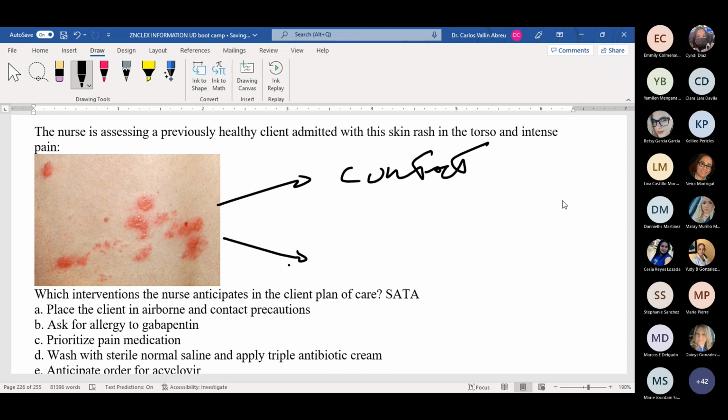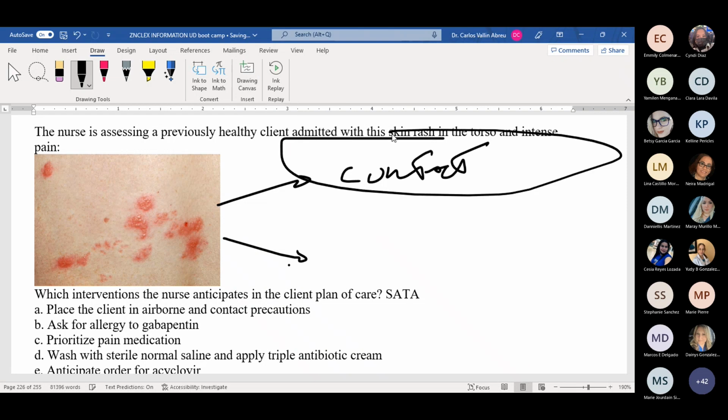And they don't need to be hospitalized, of course. It's just that this patient has been hospitalized because of a lot of pain, but could stay at home in his or her room, covering the lesion, washing hands, and that's enough.